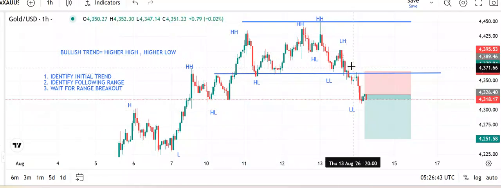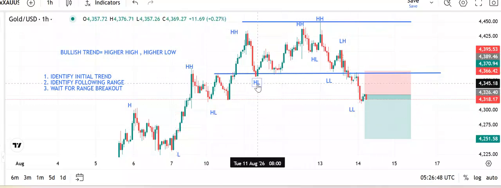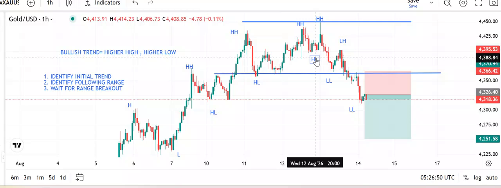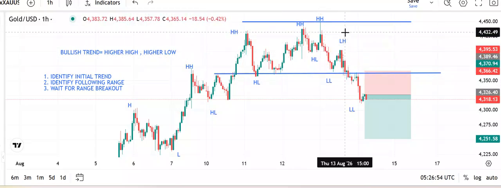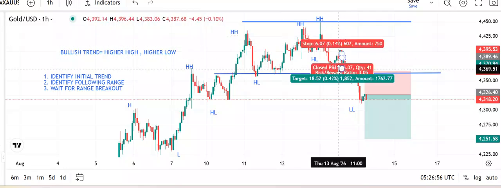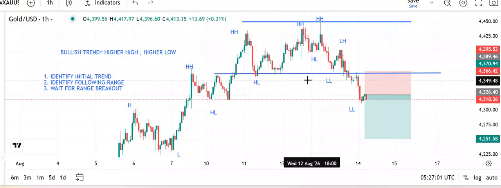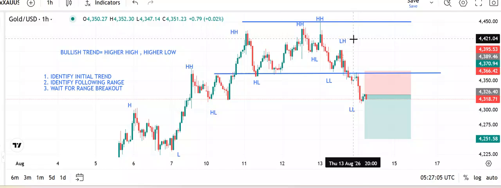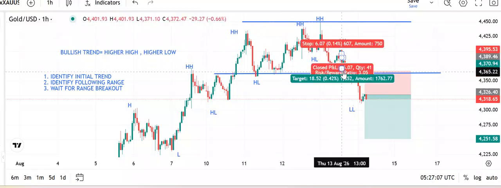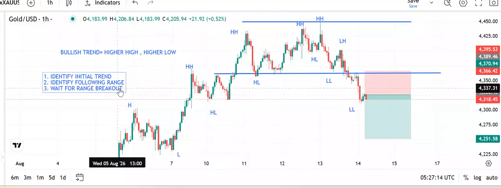Now you have your range breakout happen here. Higher high, higher low, higher high, higher low, higher high, lower low, lower high. At the point of lower high, if price breaks this first lower low, when the trend shifts from bullish to range, by the time you see a break of the lower low, then you have your breakout. Wait for range breakout.